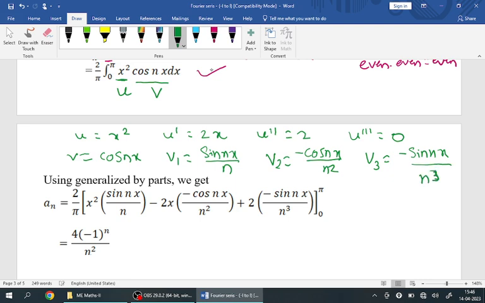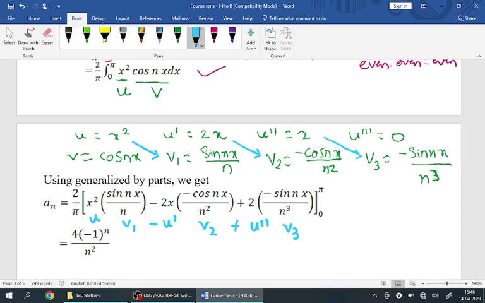How will we multiply? We multiply u with v1, u dash with v2, u double dash with v3. So you will observe the formula: u v1 minus u dash v2 plus u double dash v3. So these values we replace here in the bracket. You will observe.